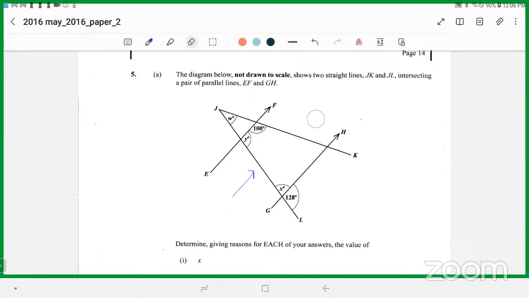Remember, once you have parallel lines crossed by any other line, for example, you have these two parallel lines and they are connected with this line, they have some Z angles forming and you have some U angles forming. You also have corresponding angles forming, once you have parallel lines crossed by another line.